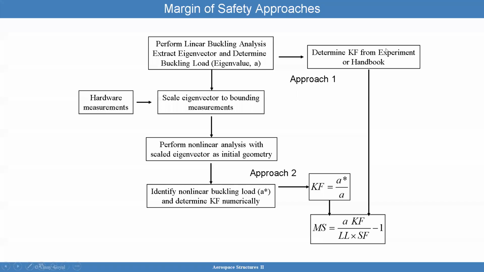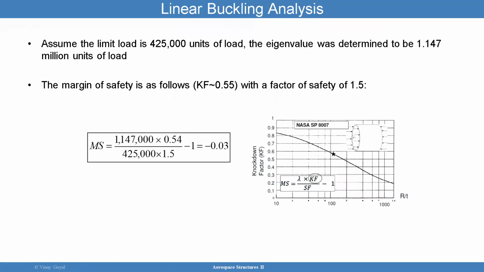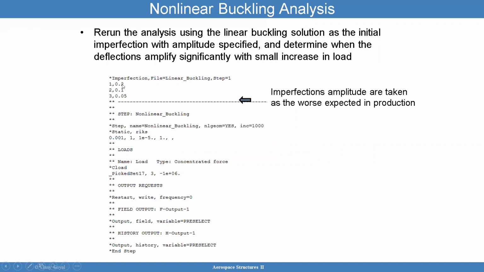Yes, the mode shapes are typically scaled to 1. That means that any scalar multiplier of the mode shape becomes the actual imperfection amplitude. If you have drawing tolerances that say out-of-round imperfections cannot be greater than 5 mils, or 0.005 inch, then all you have to do is come here and put 0.005.